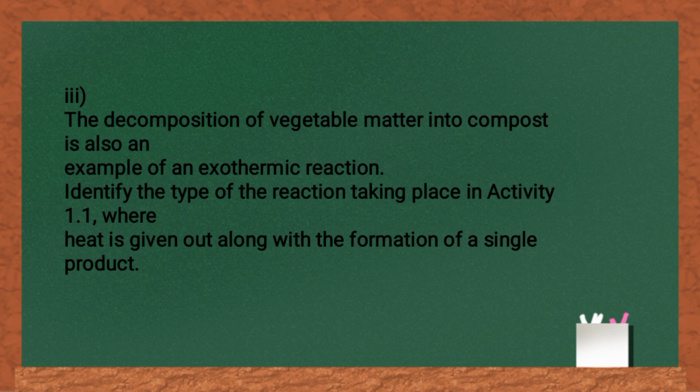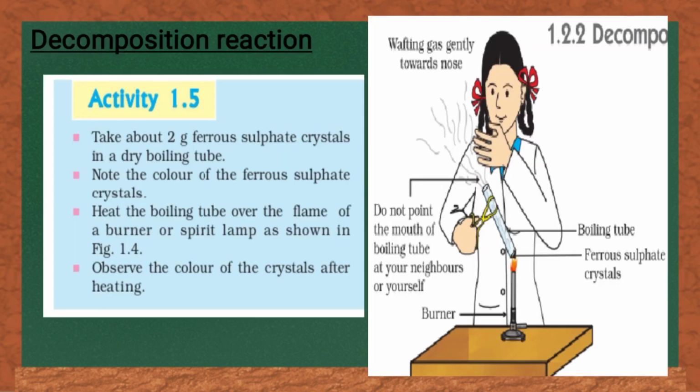The decomposition of vegetable matter into compost is an example of an exothermic reaction. So wherever waste vegetable matter is converted into compost, that is an example of exothermic reaction, that is, evolution of heat after the reaction takes place. Identify the type of reaction taking place in activity 1.1, where heat is given out along with the formation of a single product. So it is both an exothermic reaction and also a combination reaction.